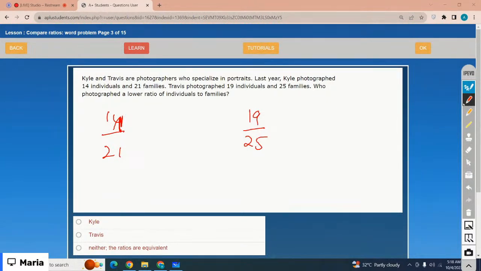So, if you think logically, who photographed lower? 14 to 21, 19 to 25. That means Kale did lower, right? You can also find it by multiplying by 100 to get the percentage form. 14 over 21 would be 66%. 19 over 25 would be 76%. So who had less?